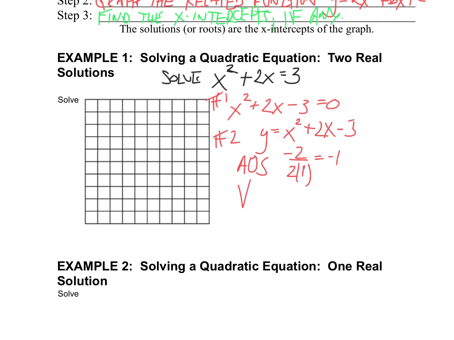The vertex, when I plug in my negative 1, becomes negative 1 squared is 1, plus 2 times negative 1 is negative 2, which is now negative 1. And then when I subtract 3, I get negative 1, negative 4.